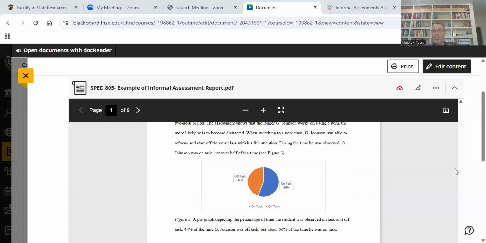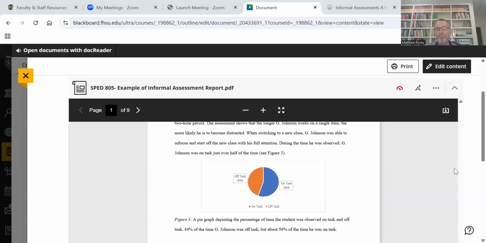So these could be behavioral, assessing students behaviorally in an informal manner. This student obviously had some attention deficit issues, so they wanted to do an informal assessment on his attention span. And then they did 2 from some core subject areas.